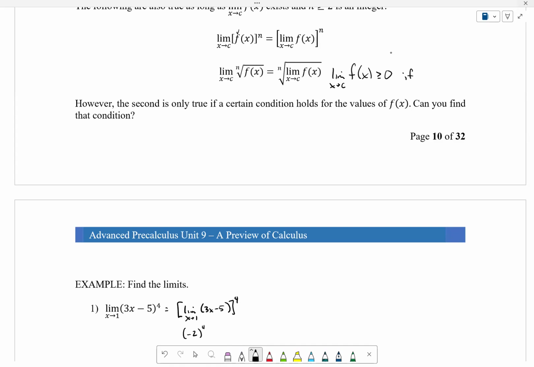The limit must be greater than 0 if n is, what's the word I need? Think about it. Are negatives ever allowed? Even, thank you. I hope that makes sense.